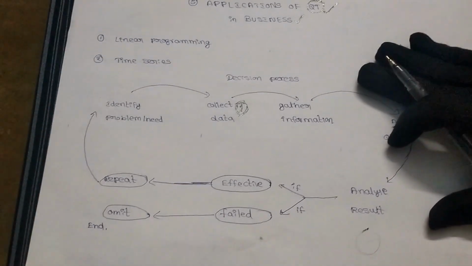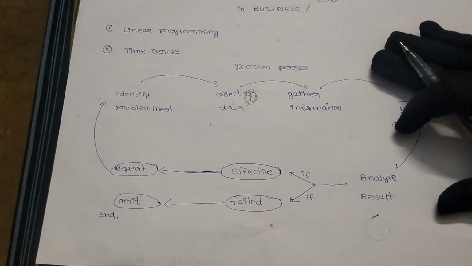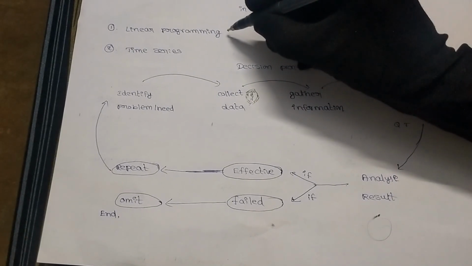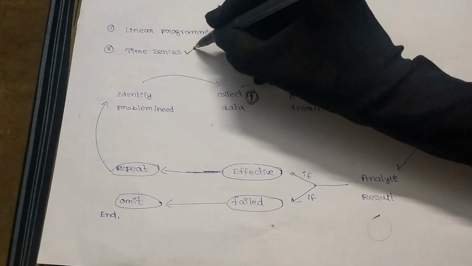So let me explain to you how a business organization applies the quantitative techniques. The most commonly used quantitative techniques in the business are linear programming and the time series.